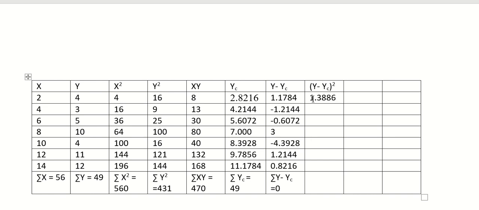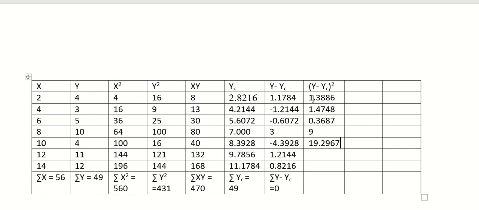Then 1.4748, then 0.3687, 9, then 19.2967, 1.4748, 0.6750.